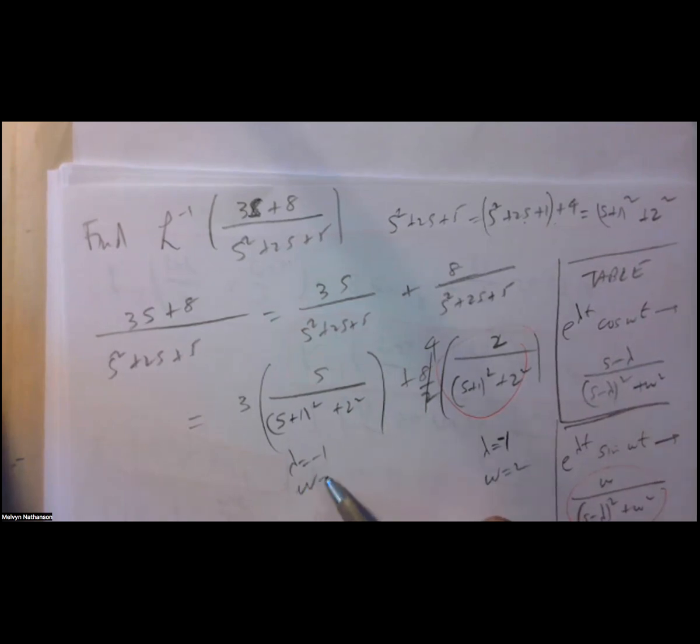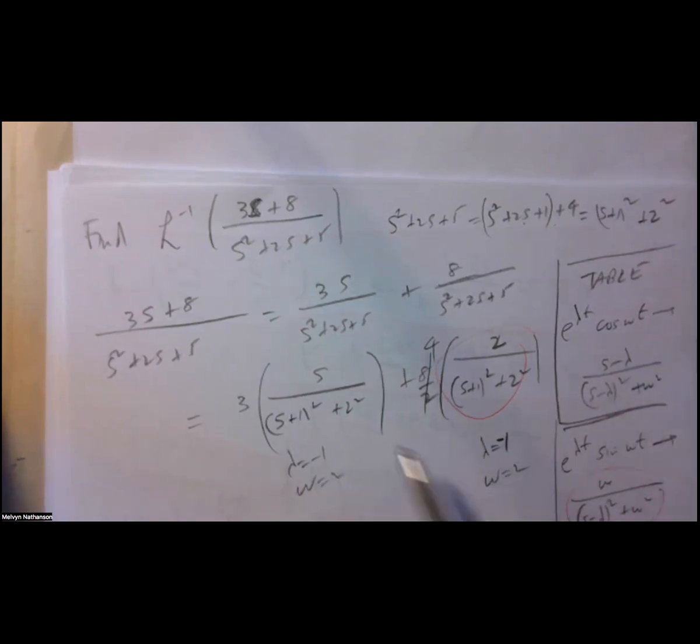Now this is a little trickier here. If lambda equals minus 1, I get s plus 1, and omega equal 2, I get 2 squared. But I need to have s minus lambda in the numerator, and I just have s.